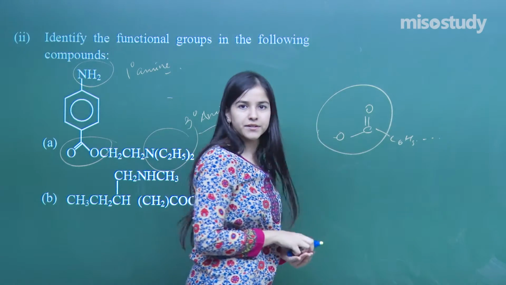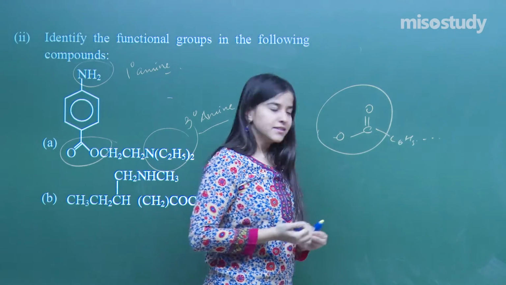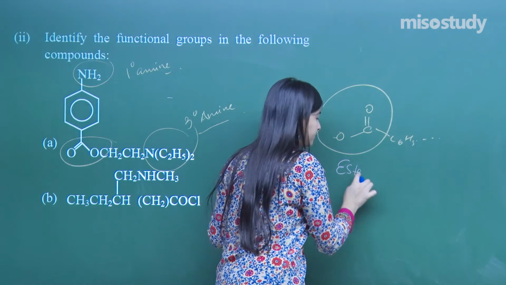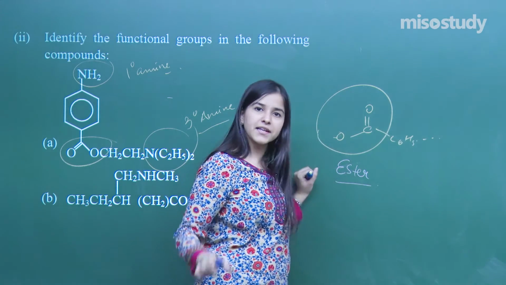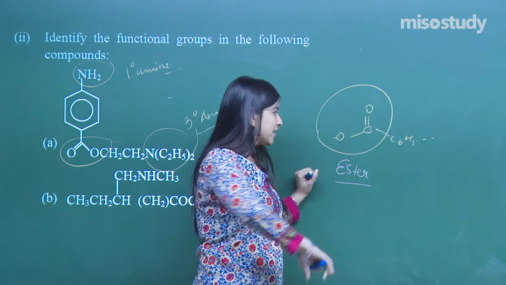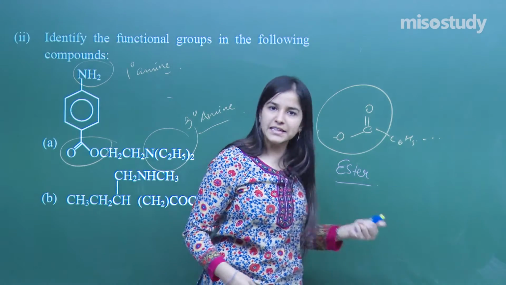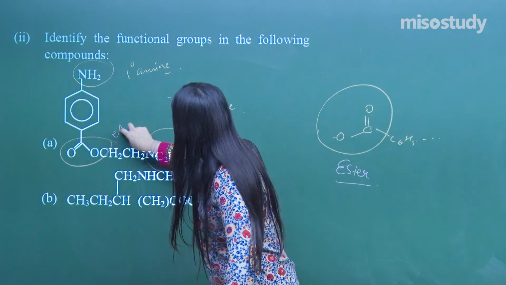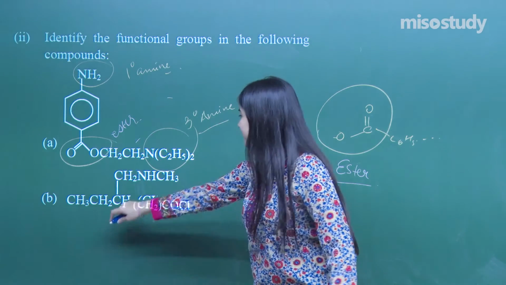What is this group over here? Tell me. It is the ester. Ether is basically having only one oxygen in between and no carbons. So this is the ester group we have. Clear?